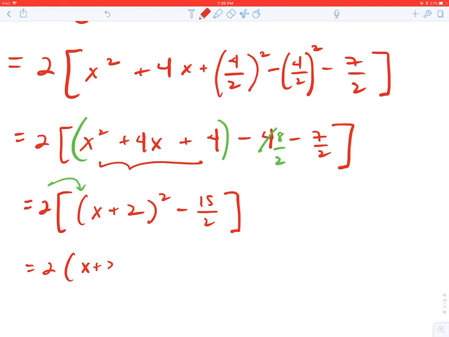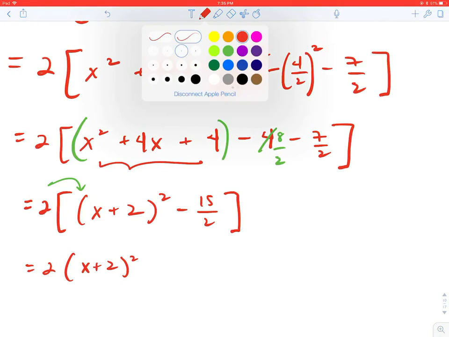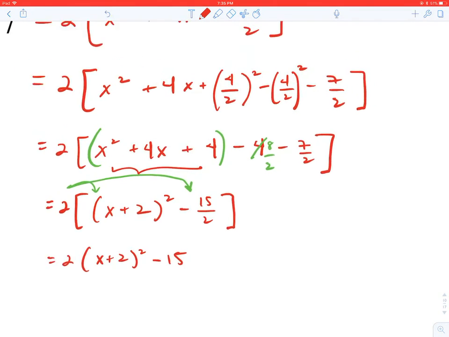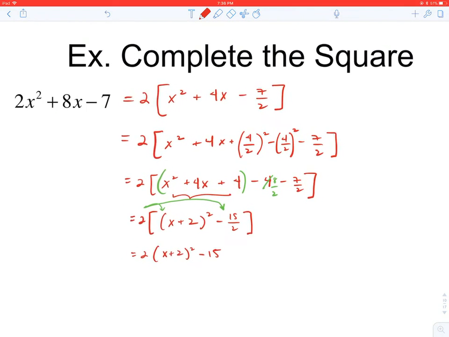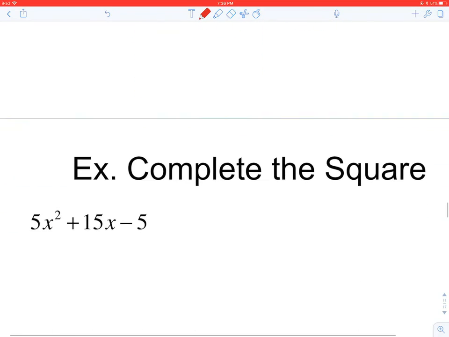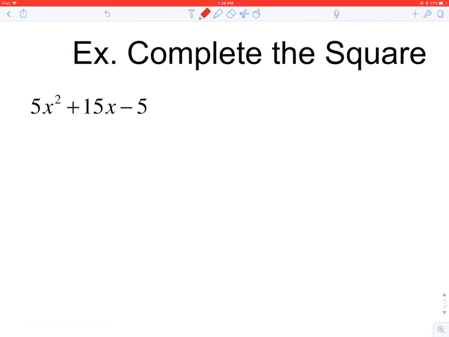So distribute the 2 here so that we have 2 times the quantity x plus 2 squared. And this works out nicely when we distribute the 2 to negative 15 halves. We'll just have minus 15. So we've just rewritten this quadratic expression in this new form.